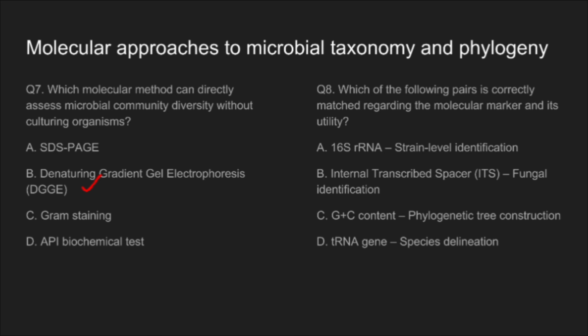D is tRNA gene, species delineation. So the correct answer for this question is option B, that is internal transcribed spacer, and it's done for fungal identification. Now 16S rRNA is done for genus and species level identification, and your GC content is a rough genomic characteristic, and your tRNA gene is done for some fingerprinting.